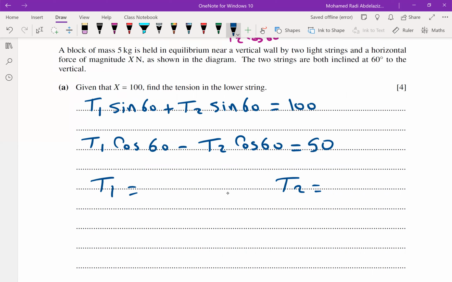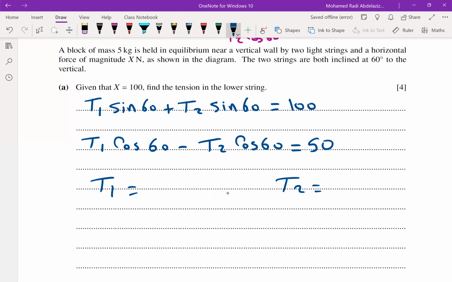Write the first equation: sine 60 equal, then again sine 60 equal 100 equal; cosine 60 equal, negative cosine 60 equal 50 equal.